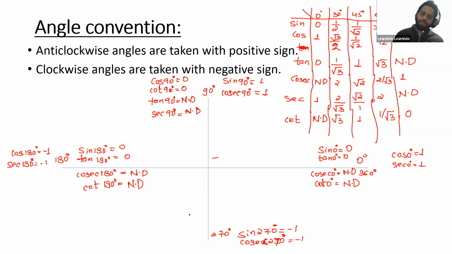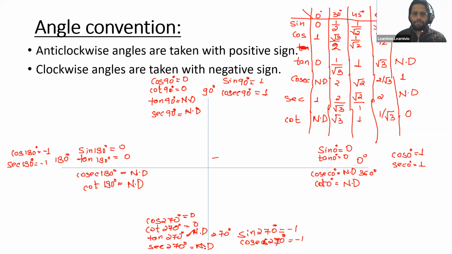So if we go over here to 270, then cos 270, cot 270, tan 270, sec 270, all these values will remain as they were over here. So this will become 0, 0, not defined, and this is also not defined. Is this clear?